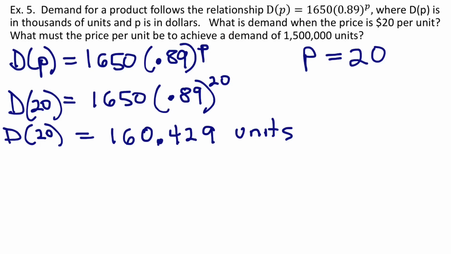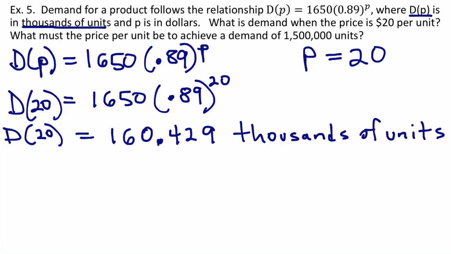So I get the demand is 160.429 units. But let's see, is this units or is there something else going on here? Thousands of units. So we have to make sure we understand how to deal with that. D of P is given in thousands of units. Okay, and what that means is we have to move the decimal point 3 places to the right.